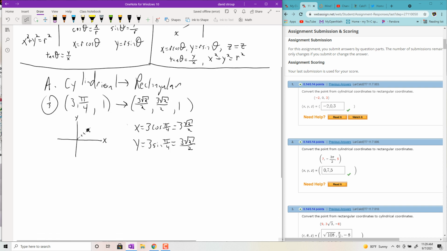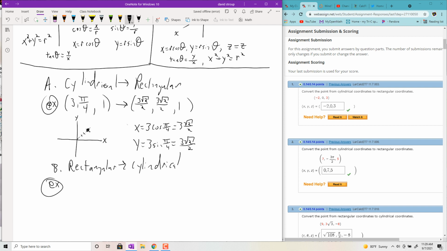Okay, let's look at going in the reverse direction, so from rectangular to cylindrical. Okay, so these are examples. The numbers don't really matter.